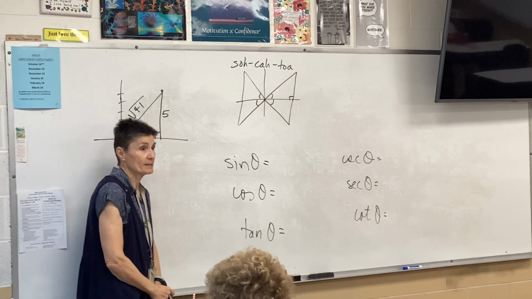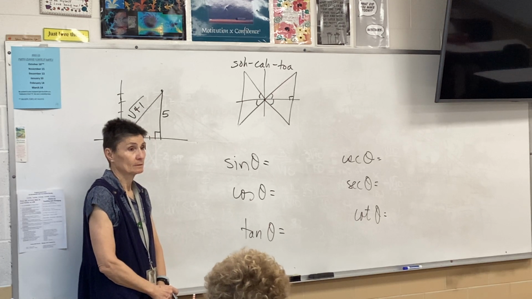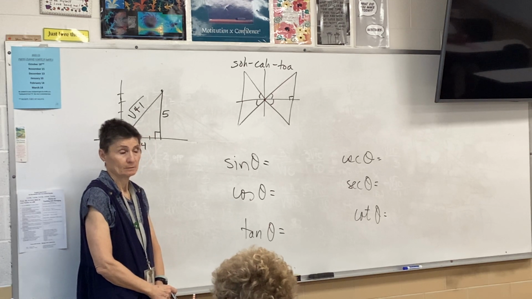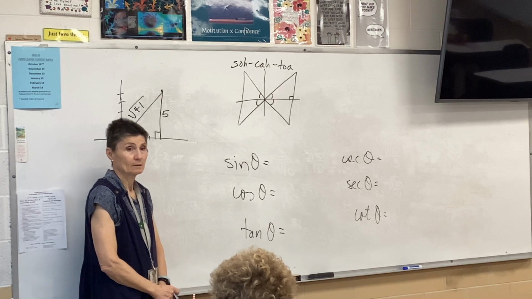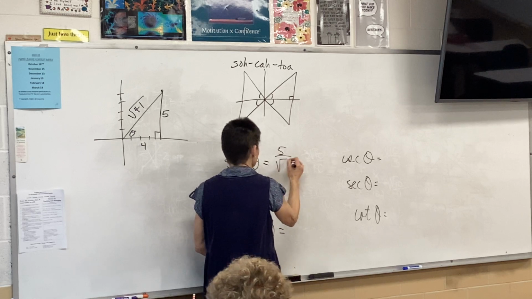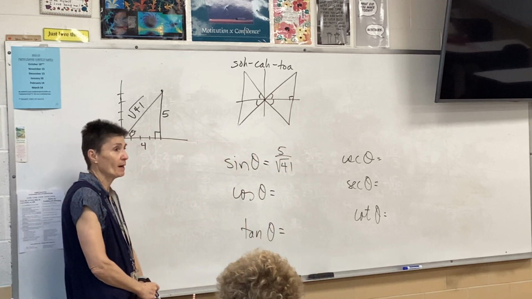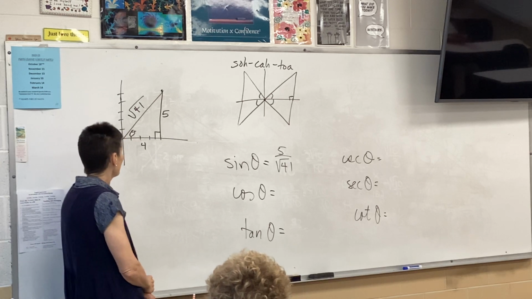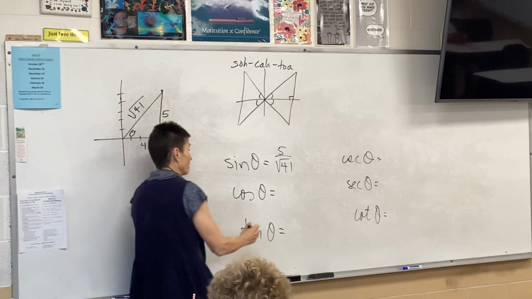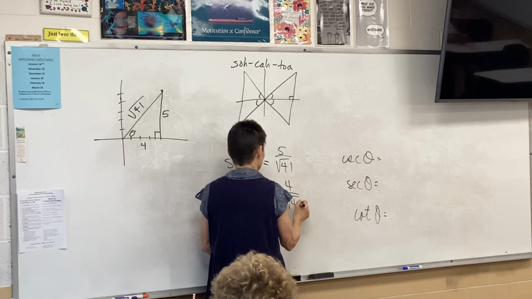Hopefully you're starting to fill things in. What's the sine? 5 over root 41, and I know that needs fixing, we'll take care of it in a second, but it starts out opposite over hypotenuse, 5 over root 41. What's the cosine? 4 over root 41.